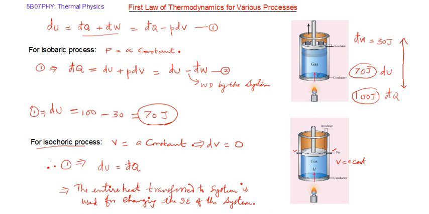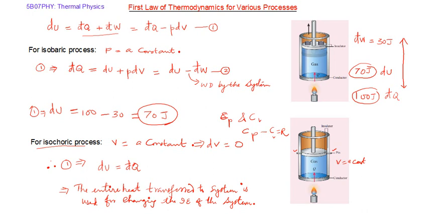Remember one thing, these conclusions will be useful to us when we discuss the topic of specific heat capacity. Let me give you a hint right here. Hope you remember Mayer's relationship between the specific heat capacities Cp and Cv, Cp minus Cv is equal to R, where Cp and Cv are the molar heat capacities at constant pressure and constant volume respectively.